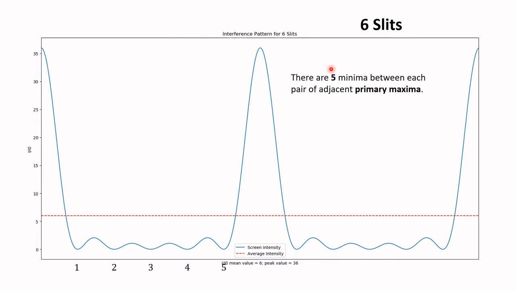D sine theta over lambda times 2 pi is equal to your phase difference delta phi. Geometrically, we've already figured out with phasors how to find the delta phis. So use geometry to find the set of delta phis for which you get maximum destructive interference, and then go back to the previous formula to actually find the angle theta, the direction to the screen that corresponds to that phase difference between adjacent slits.